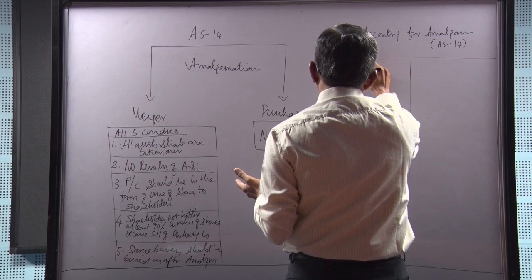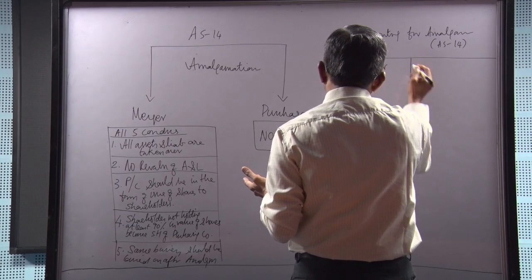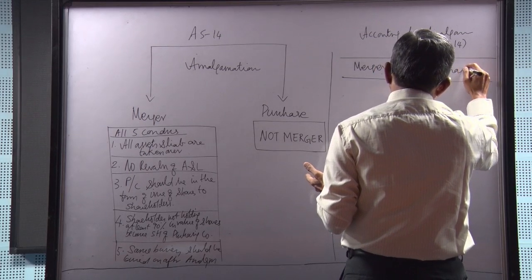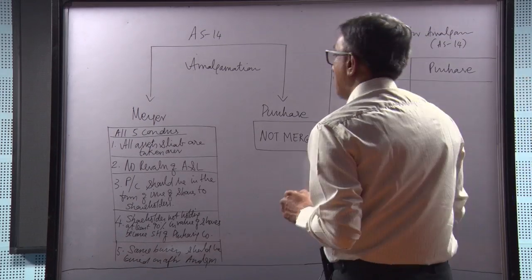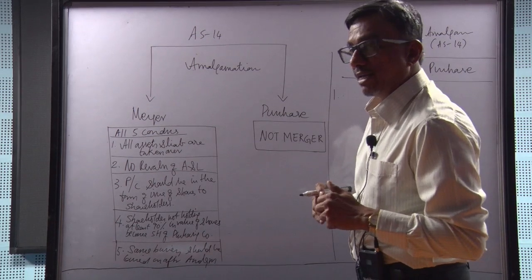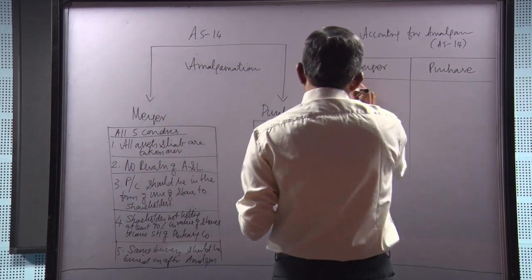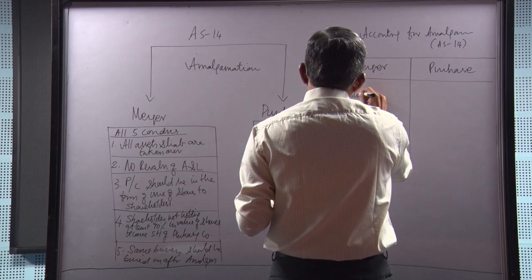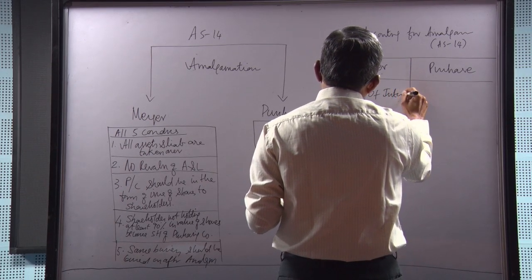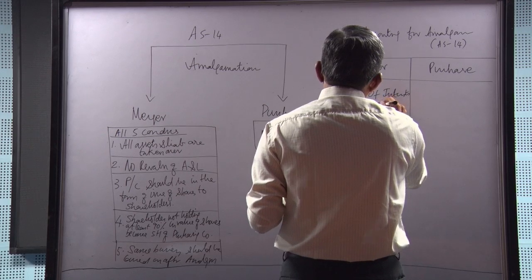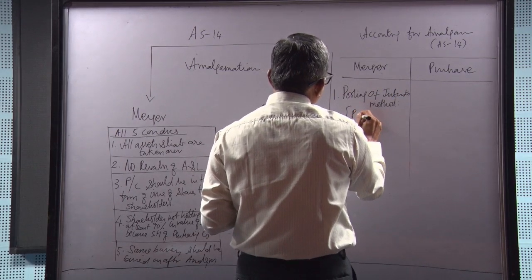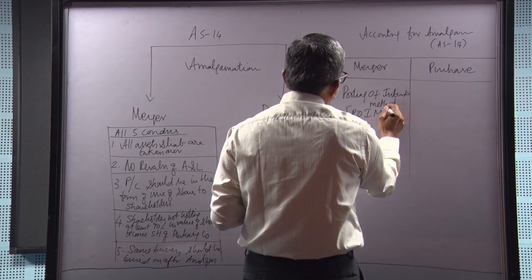If the amalgamation is in the nature of merger, we have to follow the pooling of interest method, in short known as POIM, P-O-I-M.